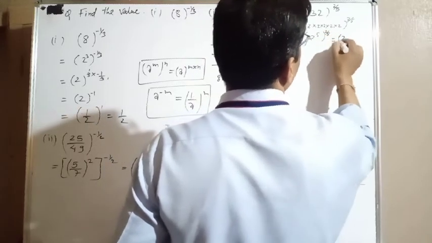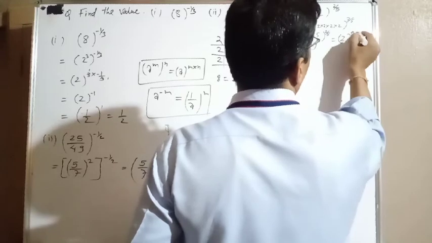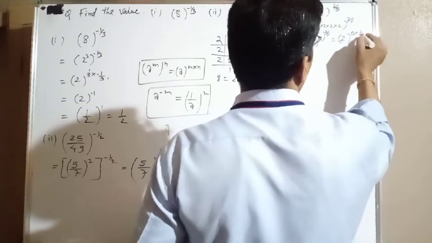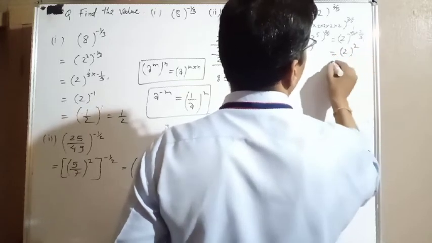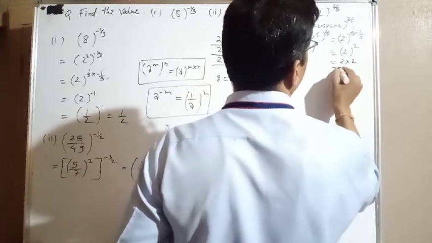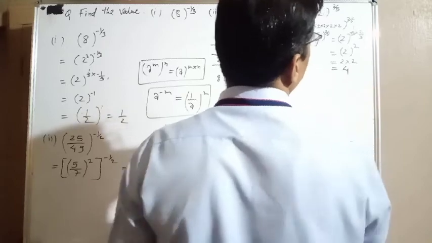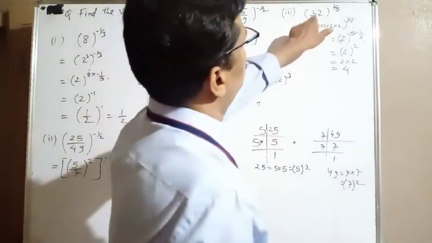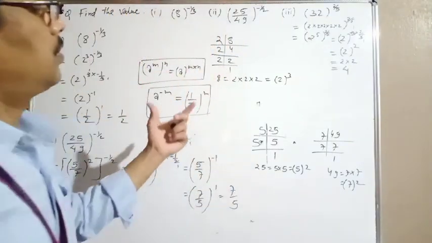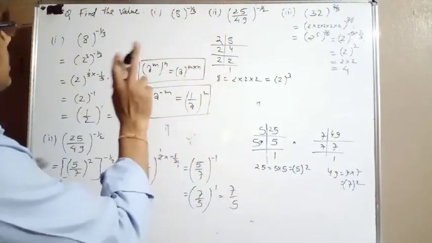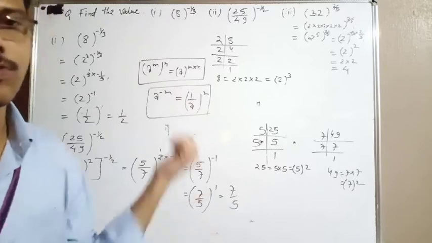Now you multiply 5 into 2 upon 5. This 5 cancels. So what do we get here? 2 power 2, which means 2 into 2 is equal to 4. This is your answer, 4. So the value of 32 to the power 2 upon 5 is 4. These questions are very important. You will solve them in 9th class, and right now also you are solving them.